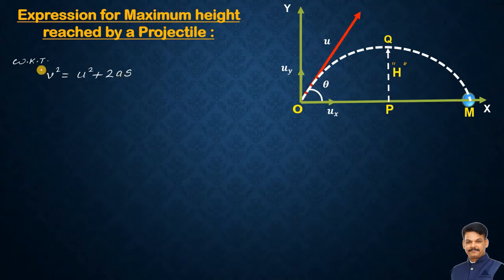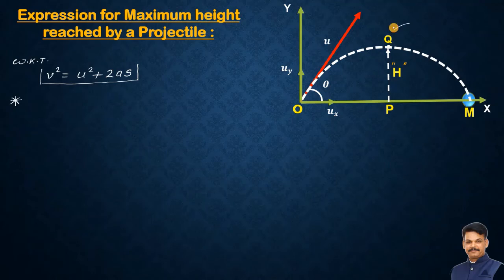Okay, so this is the equation we know from the equations of motion. Now, dear students, when you observe this figure, as we have to focus only on the height, I have to consider the maximum height, that is point Q, reached by the projectile.